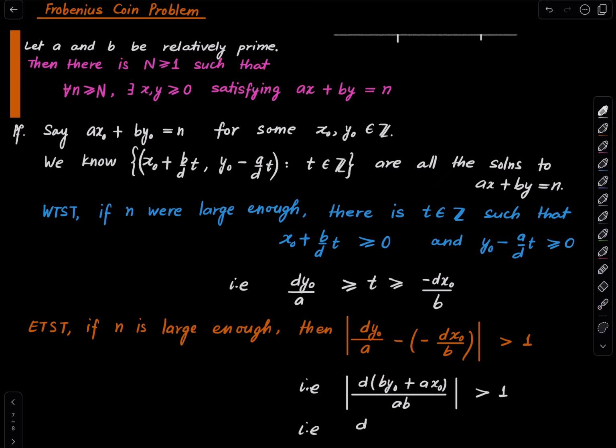So dn upon ab. So we want to show that if n is large enough, this happens, which is true. a, b and d are fixed numbers. If you choose n large enough, clearly this inequality will hold at some point, and that's it. So I hope these steps were clear. This is an interesting piece of reasoning, not a very difficult one, but interesting. This is a non-trivial problem.